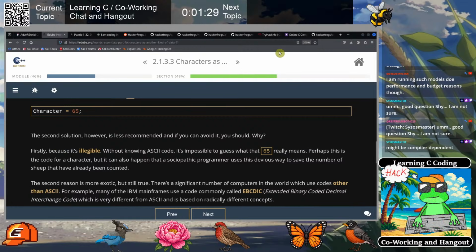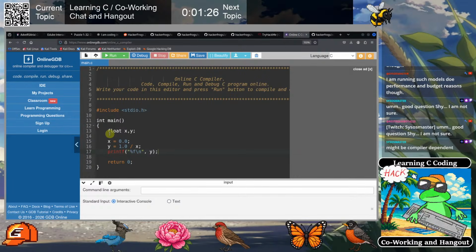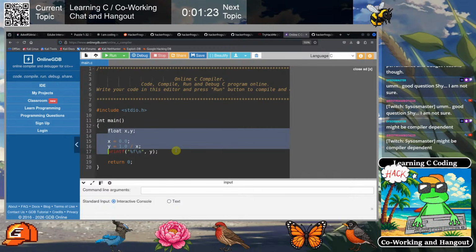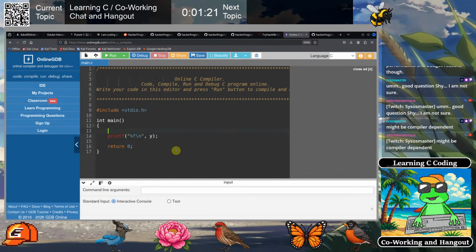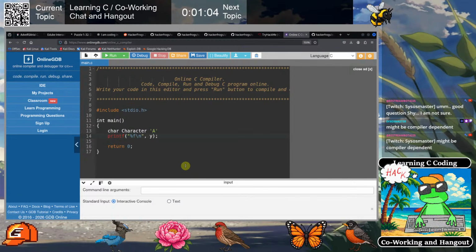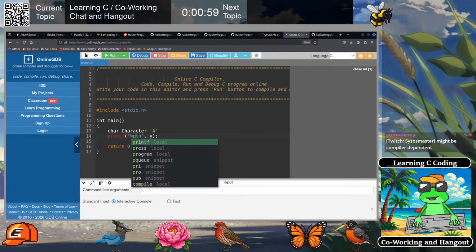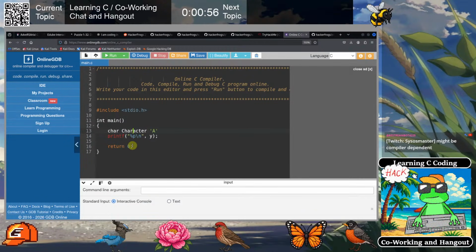Let's test it out over here. So if we go here and define a character and then try to print it out. We'll call this character, and we'll define this as capital A. And we'll try to print this out. I think for printing out characters, is it percent p or percent c? I don't remember which one it is.